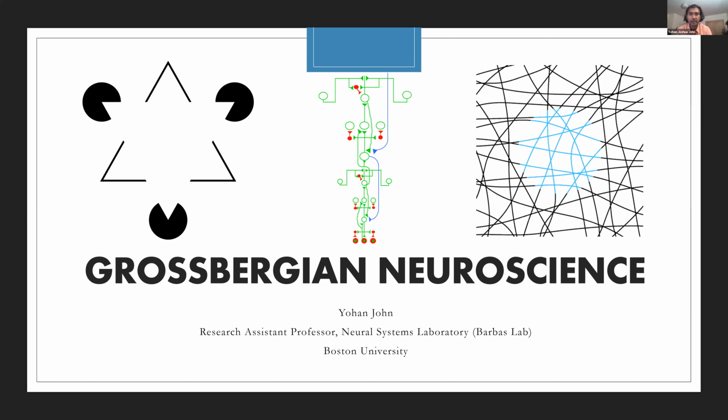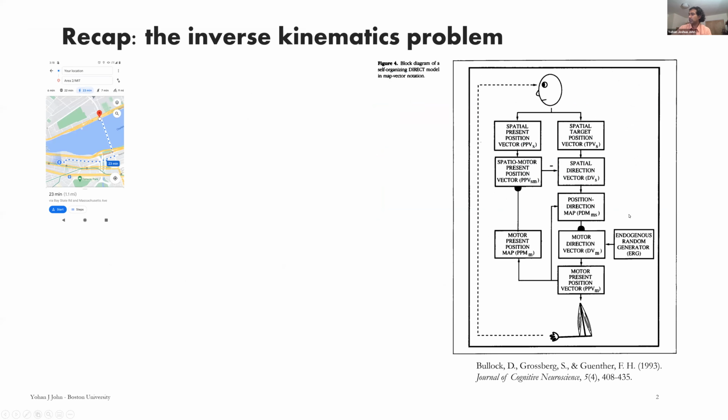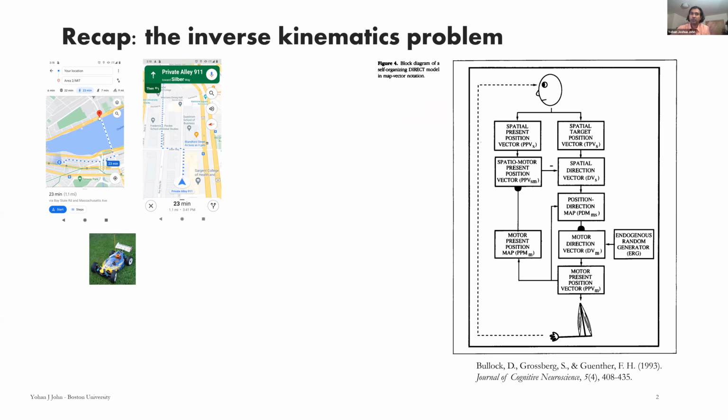And then they worked with Frank Guenther to embed that idea in a system that does the mapping from a sensory space to motor space. So to recap, the metaphor that I provided last time was when a person is controlling a remote control car, and let's say that they have a map in front of them, they're going from visual coordinates to the coordinates of the controller, and they are completely different spaces, and they often have different numbers of degrees of freedom or dimensions.